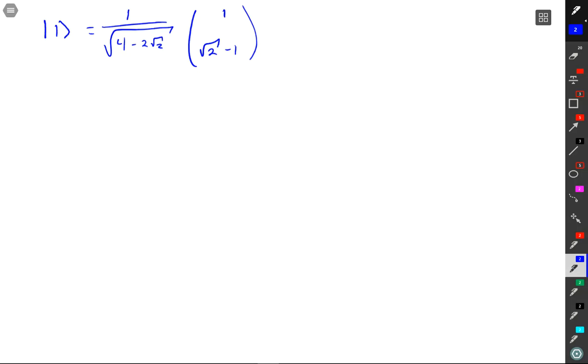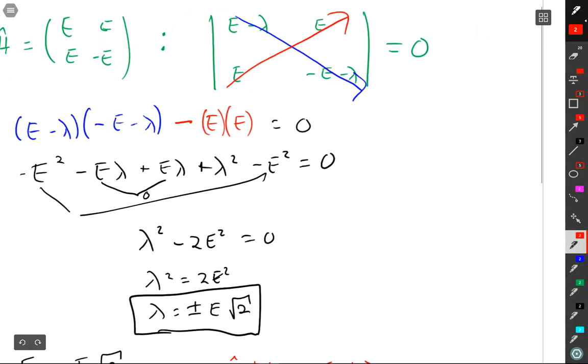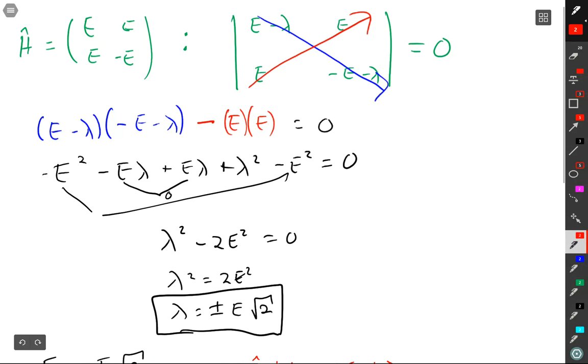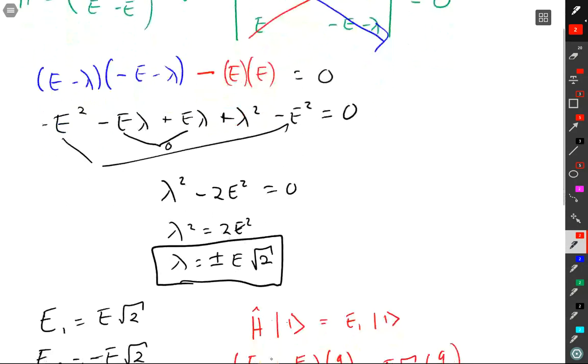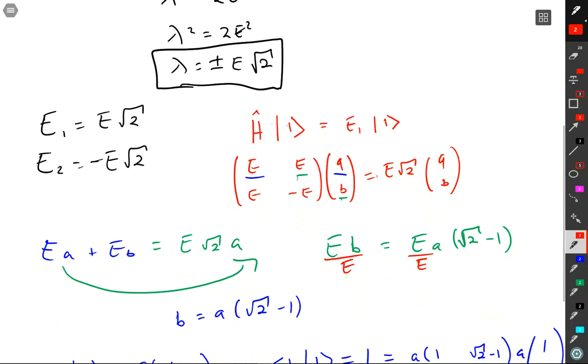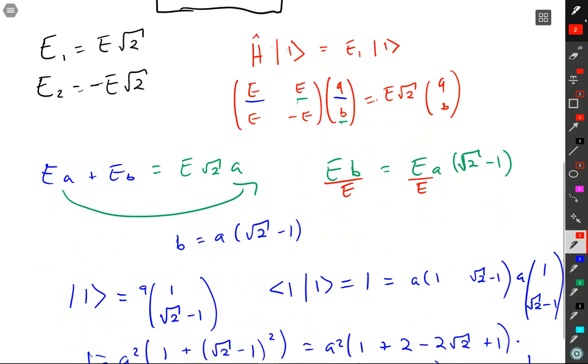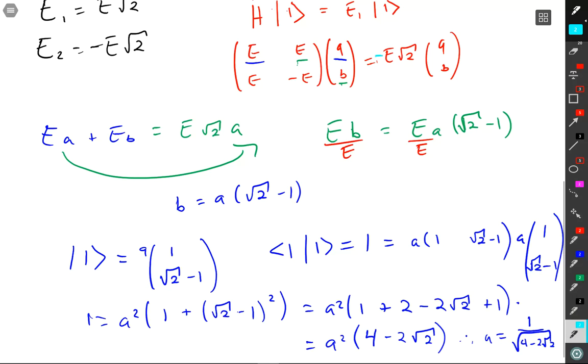And then how do I find state 2? Basically the same process, except I'm going to put in the other solution. So for state 2, do you mind if I rewrite over the same thing? A minus there. That's the only difference.